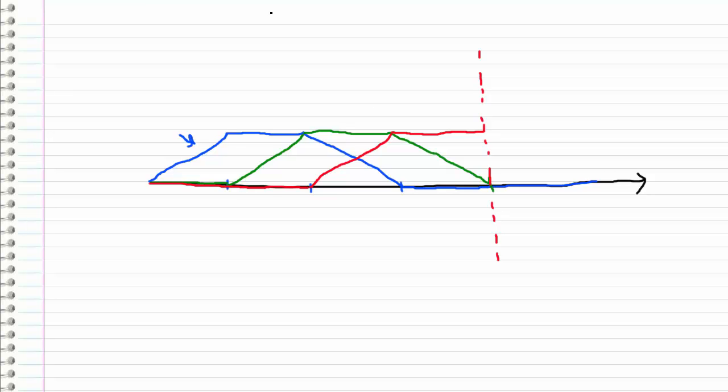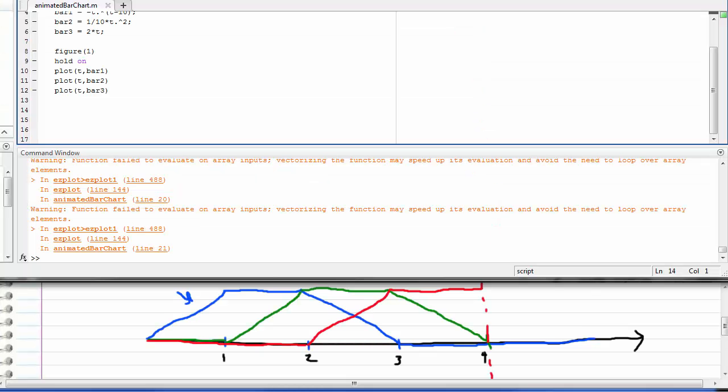Okay, so we're going to define a parameter space. Let's just call each one of these tick marks 1, 2, 3, and then 4. And now let's go back to MATLAB and write the functions for these. Let's program these functions in over the parameter space that ranges from 0 to 4.